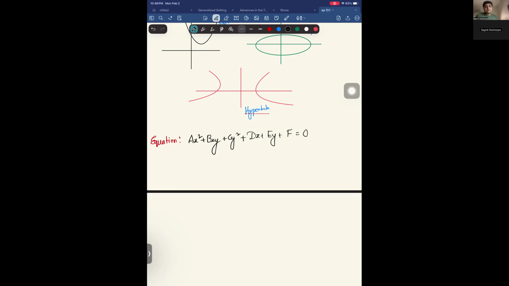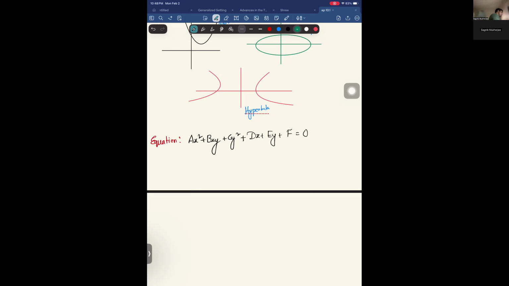For different choices of a, b, c and some different properties of them, the equation will give me either an ellipse or a parabola or a hyperbola or two lines or whatever. But no matter what, the equation would always look something like this. And you can see this is a 2D graph, so they have the standard 2D equations.